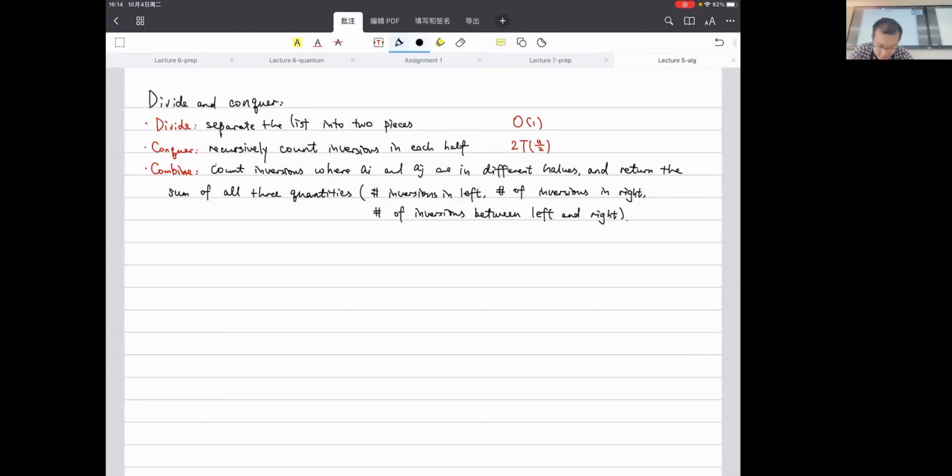The brute force way is to check all the n over 2 times n over 2, which is n squared over 4, pairs between left and right. And this is n squared, actually no better than direct brute force.